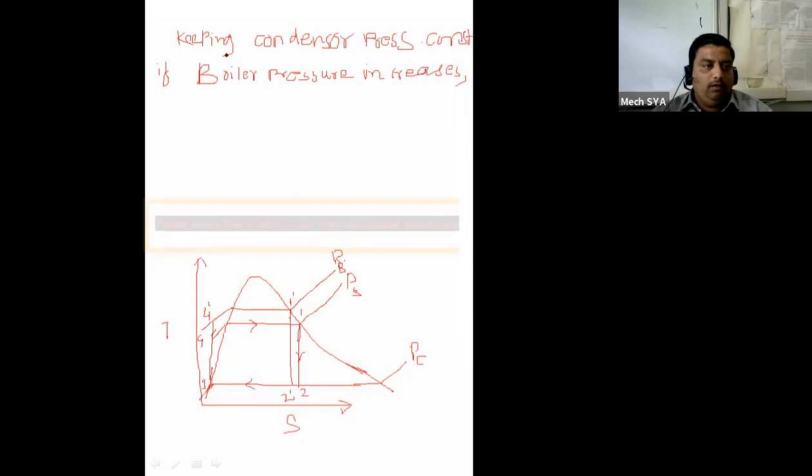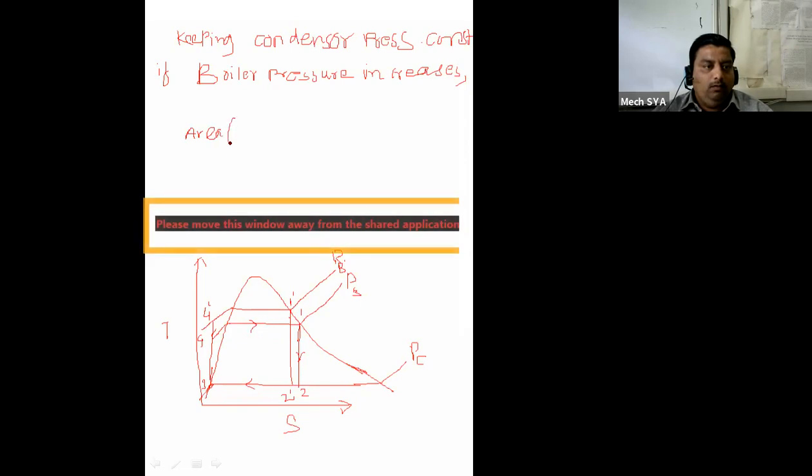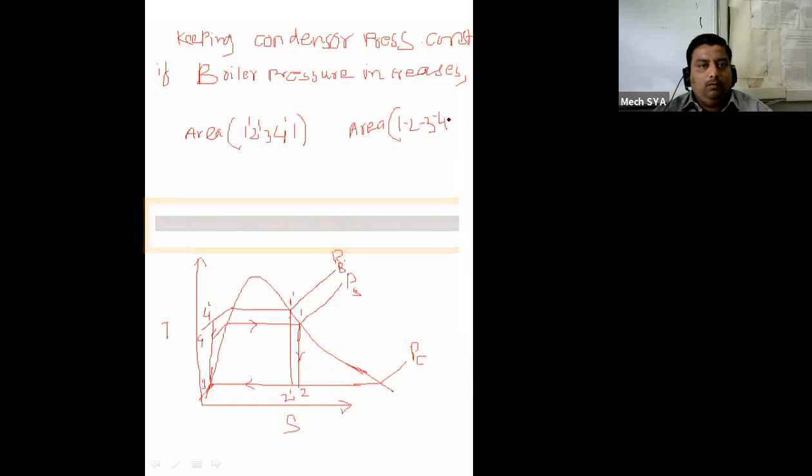There are two areas. The new Rankine cycle polygon area 1 dash, 2 dash, 3, 4 dash, 1 dash, and the original theoretical area 1, 2, 3, 4, 1.